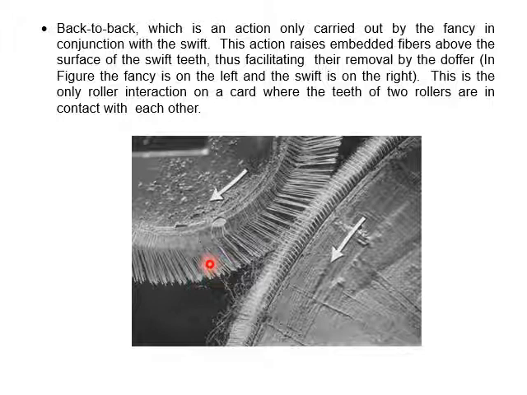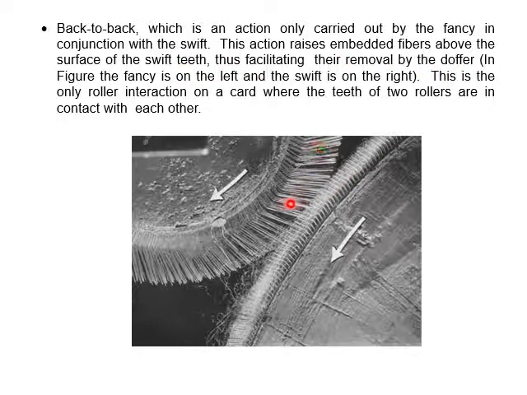It is just above the swift, between the worker and the doffer. So what is the action of this fancy roller? The action is to raise the embedded fibers above the surface of the swift teeth, thus facilitating their removal by the doffer.